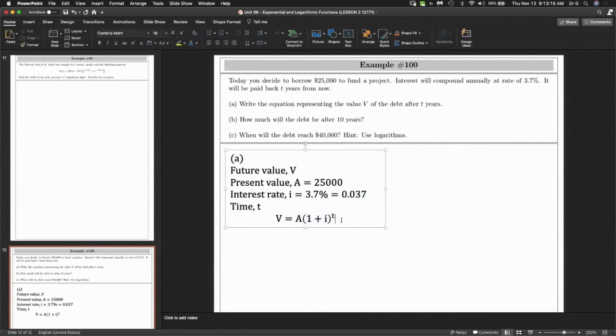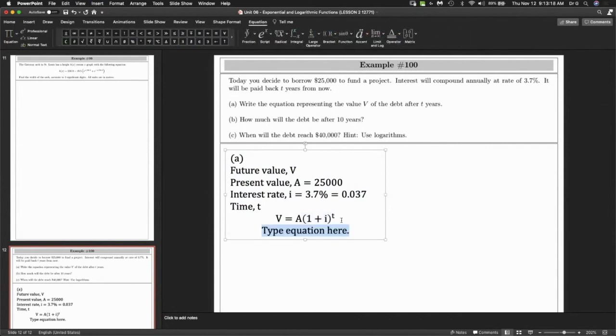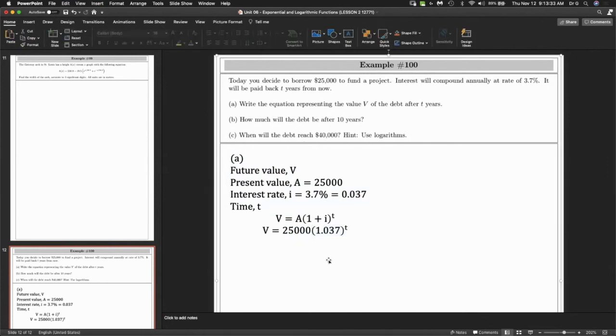And that allows us to create the formula for the value. So value will equal 25,000 times 1.037 to the t. So that's part A of the question, writing down a formula for the value.